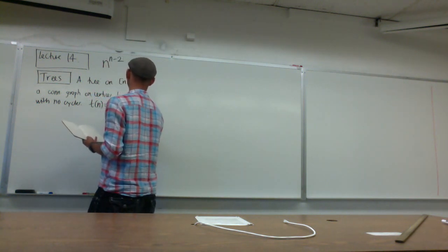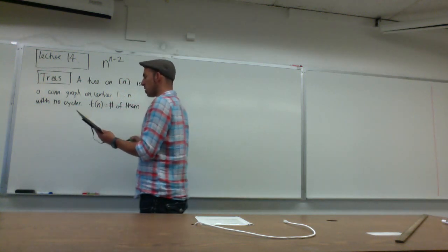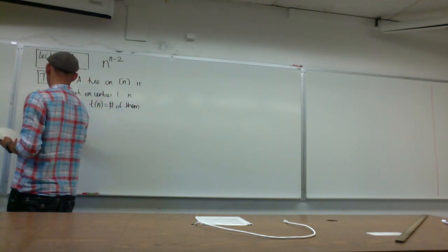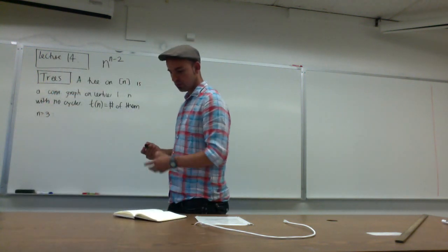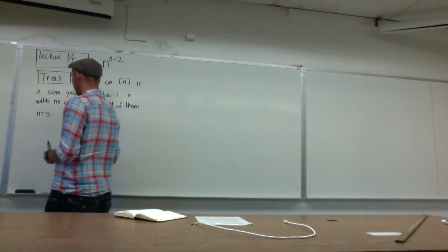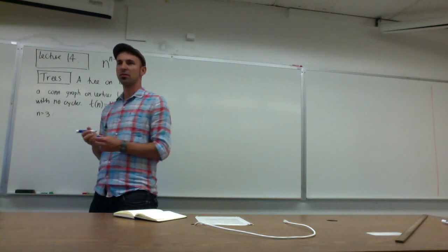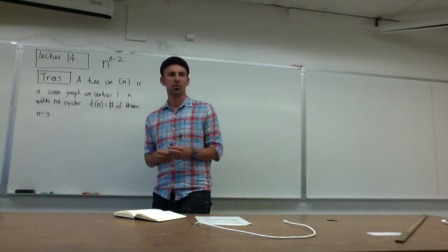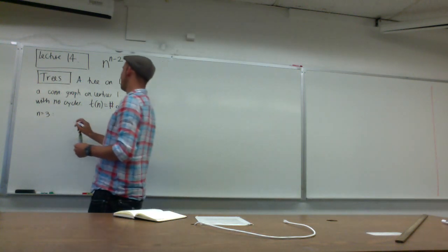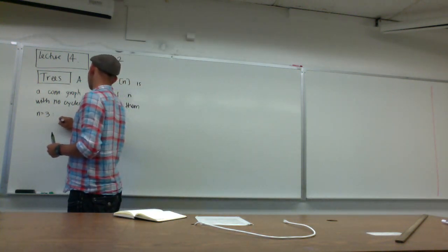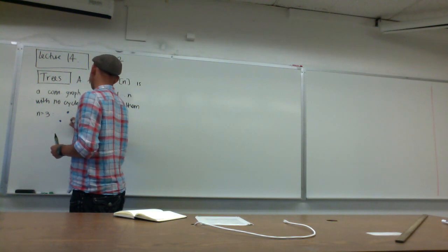So for example, for n equals 4, well, let's do n equals 3 first. You need to have 3 vertices. They need to be connected, and you can't have any cycles. So these are the 3 vertices.